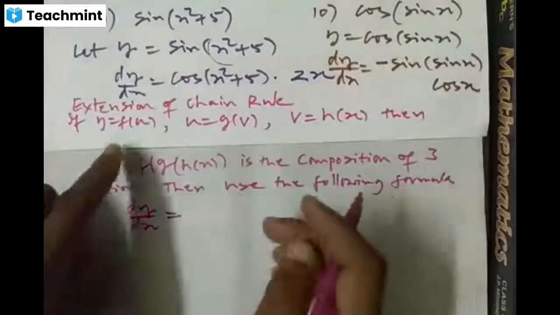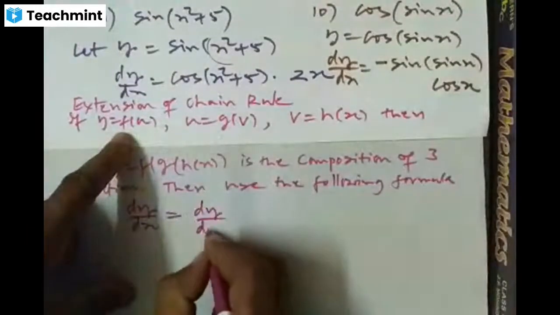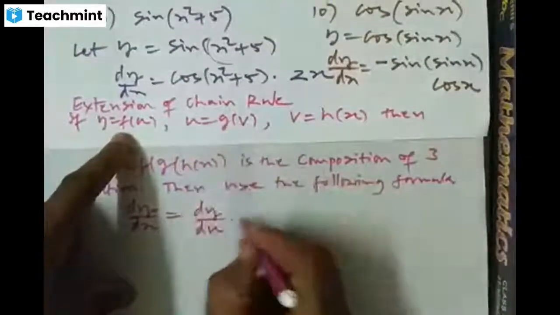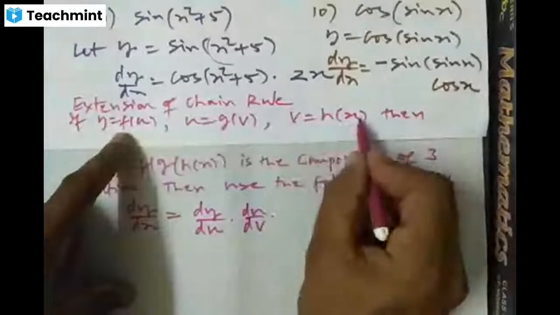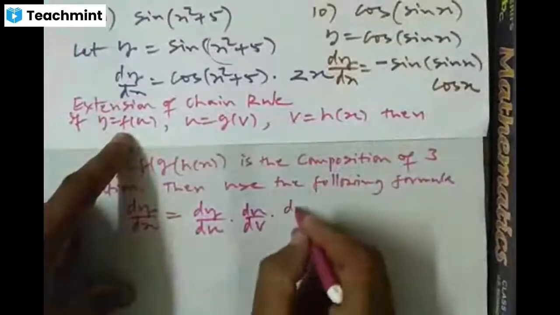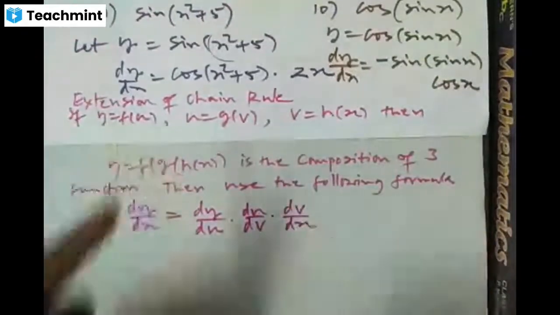see here, y is a function of u. So first you have to differentiate y with respect to u, right? But u is a function of v, so you have to differentiate u with respect to v. But v is a function of x, so you have to differentiate v with respect to x.